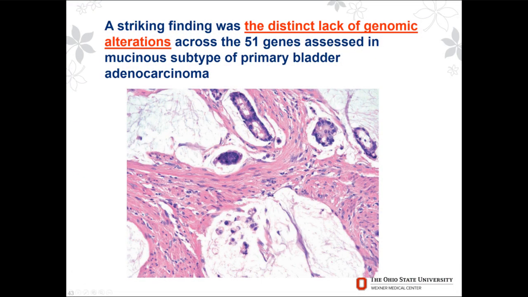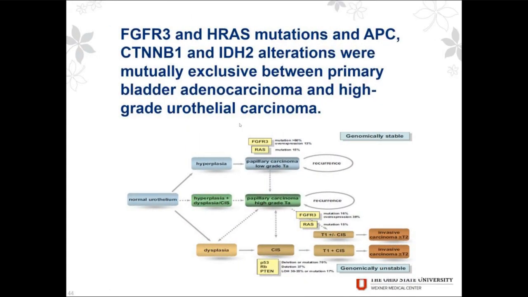In addition, there was a lack of genomic alterations in the mucinous subtype of bladder adenocarcinoma. Going back to our original chart, the FGFR3 and HRAS mutations were all mutually exclusive between primary bladder adenocarcinoma and high-grade urothelial carcinoma.